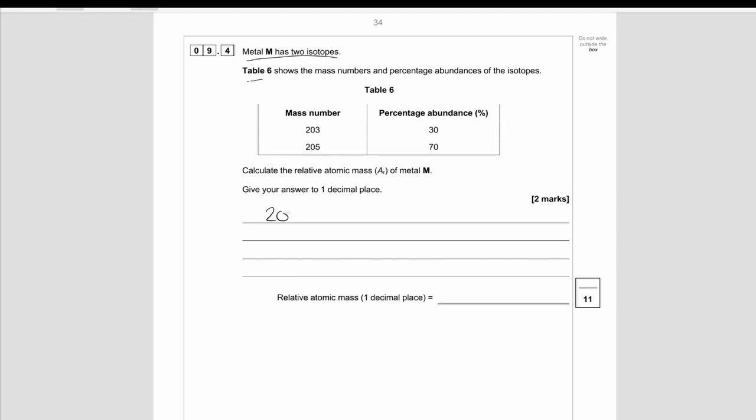So we're going to do 203 times 30 plus 205 times 70, and divide that by 100. This will give my answer of 204.4. If I'd been given multiple percentage abundances and mass numbers, I'd just be doing that with all the mass numbers and all the percentage abundances and dividing by 100 to get my answer.